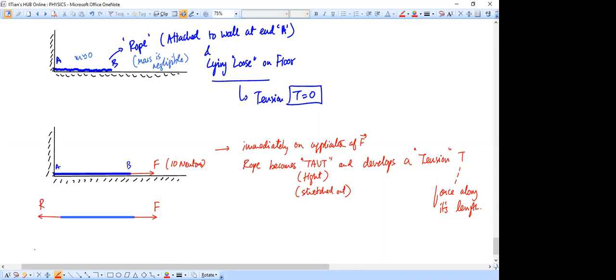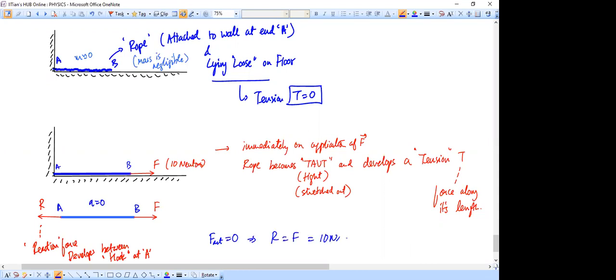So there's a reaction force that develops between the hook at the end A, and that pulls it back. And that is why the acceleration is 0. So basically the net force is 0. That reaction force is exactly equal to the external force we are applying, and that's equal to 10 newtons.